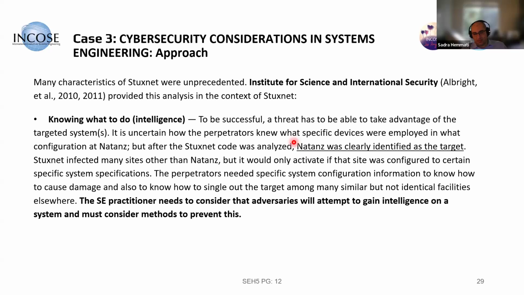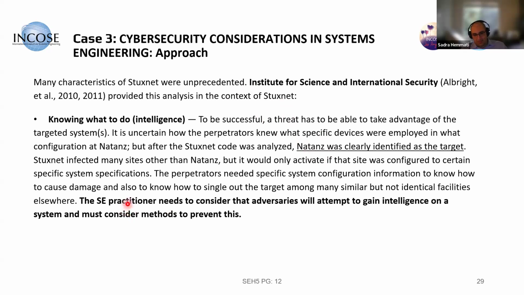So the functionality of Stuxnet was like a volcano. It was dormant if it was not at other sites. But when it got here, the virus knew it was at the right location and started its malfunctions.